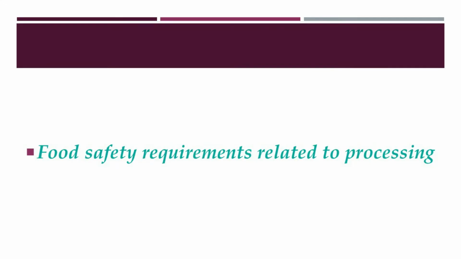Food safety can be ensured by proper food processing operations, including the use of food additives, food preservatives, flavoring, antioxidants, and antimicrobial agents to ensure the quality and safety of processed food.